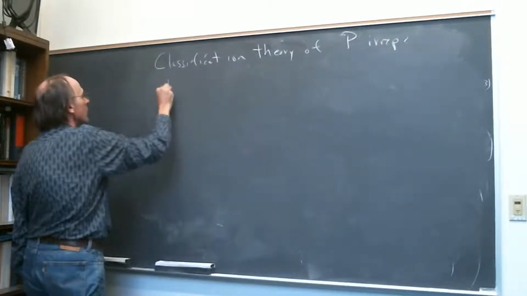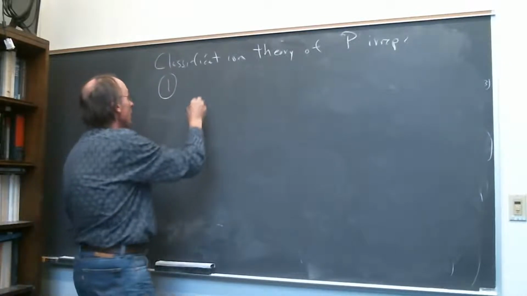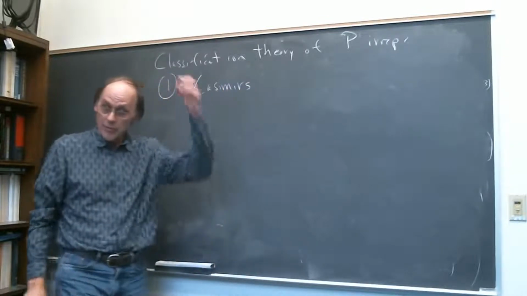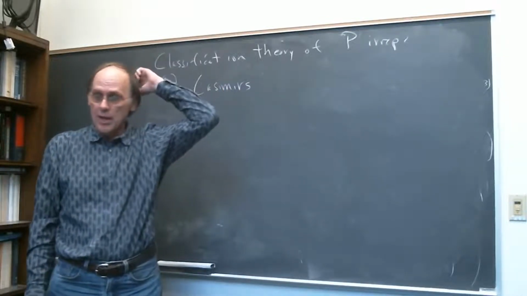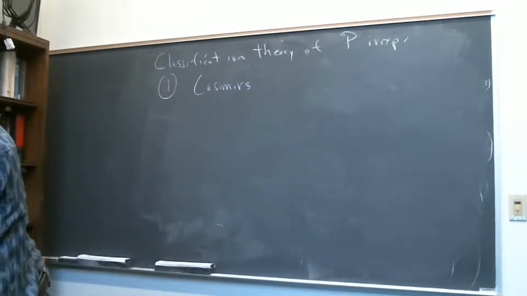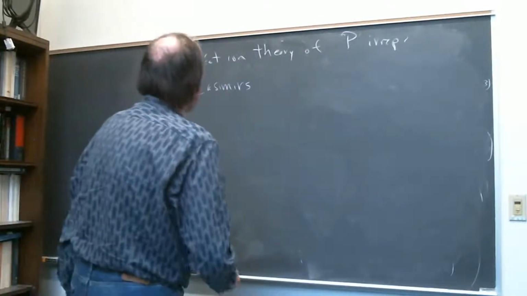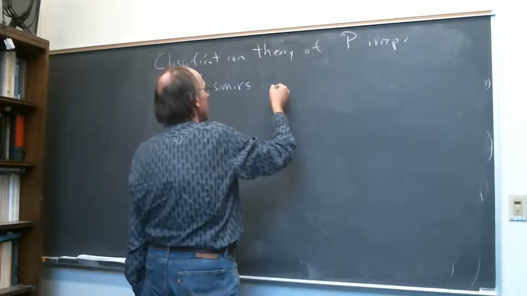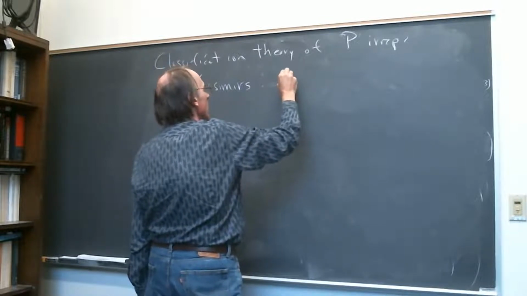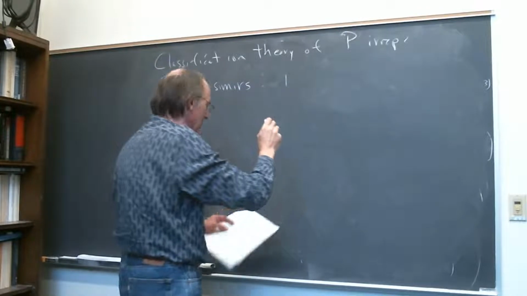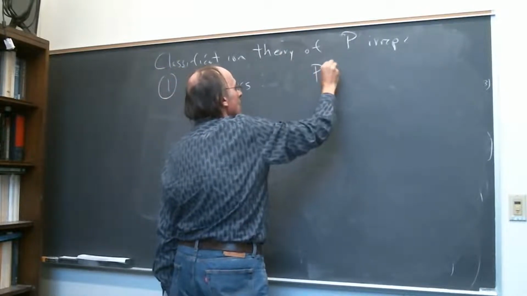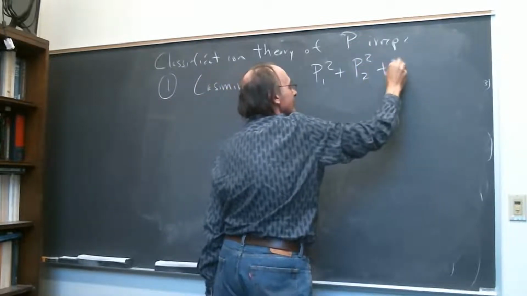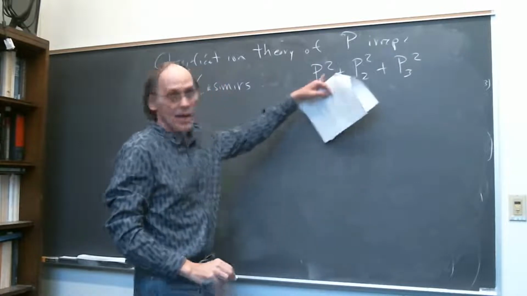Well, the first way to do it is to find the Casimir operators. Here the first one is going to be P squared, but instead of taking this guy, so this is what you had in R3.